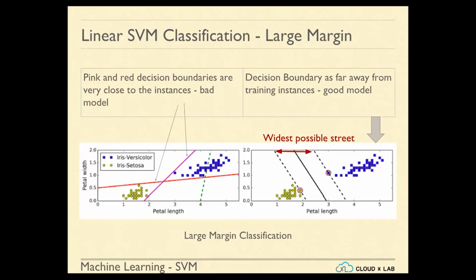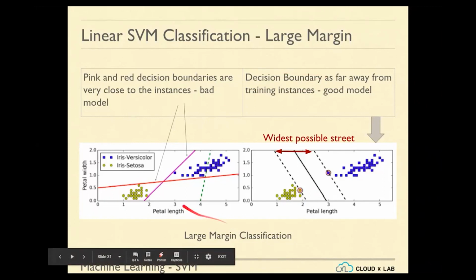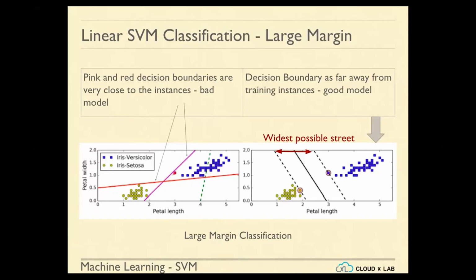Good, good. So as part of SVM, people figured out that we come up with a street which has the maximum width. Now there could be multiple such streets possible. So what they figured out was that you draw the line from the extreme points, this and this, and draw the widest possible street perpendicular to it.